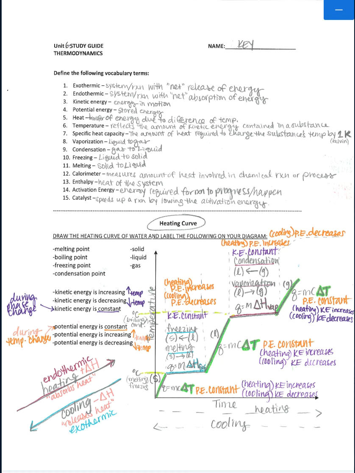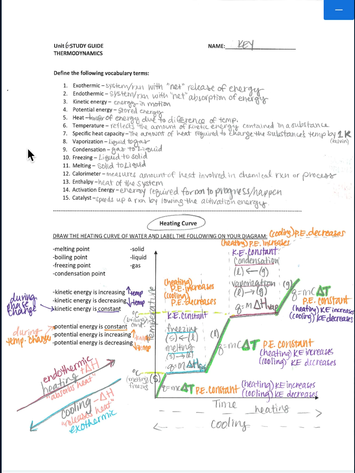It's a numerical number, and it's the amount of heat required to change the substance's temperature by 1 Kelvin. So, once again, this is a unique number, and we'll see how this plays out.